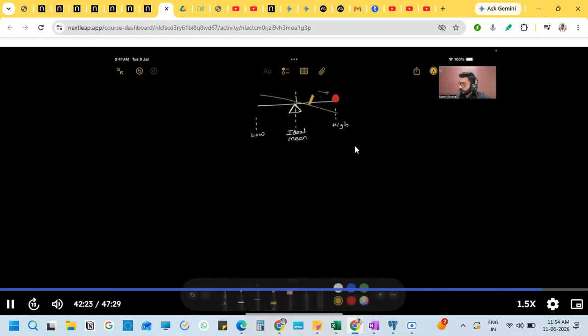Now, if you have an outlier on the lower side, let's take the scenario like this. This is your weight balance, and your outlier is on this lower side. Then it will shift the mean towards the lower side. So your mean will shift over here. This is the new mean, whereas your ideal mean should be over here. But this is your shifted mean.